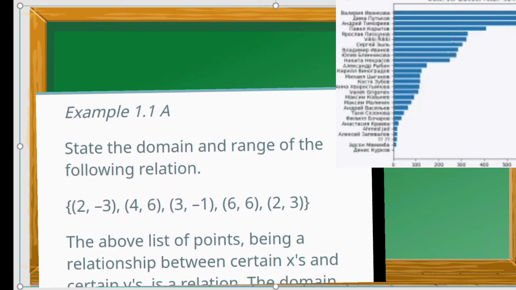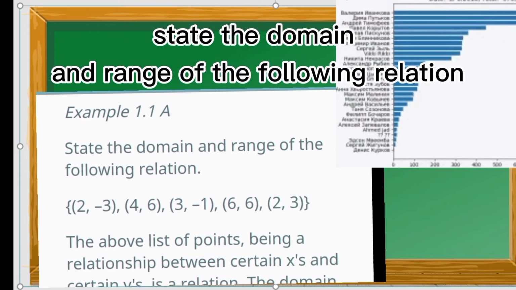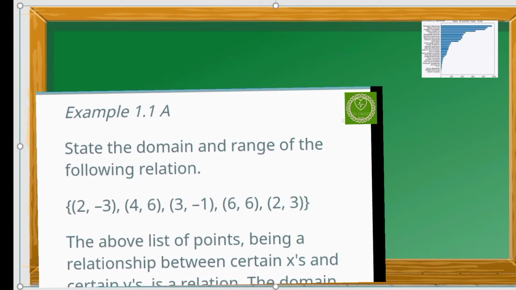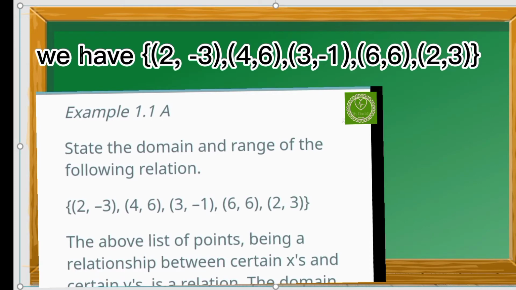Sample number 1. State the domain and range of the following relation. We have (2, -3), (4, 6), (3, -1), (6, 6), (2, 3).